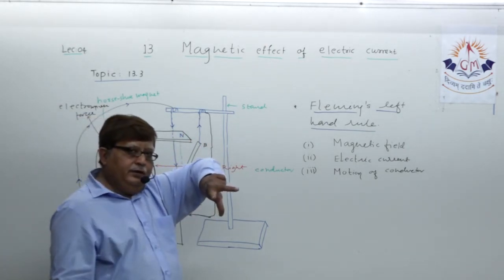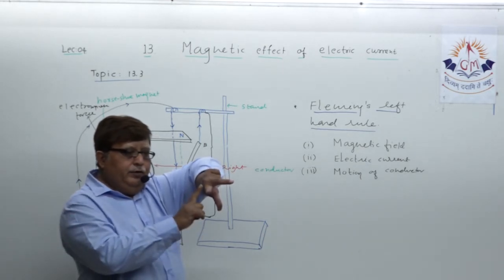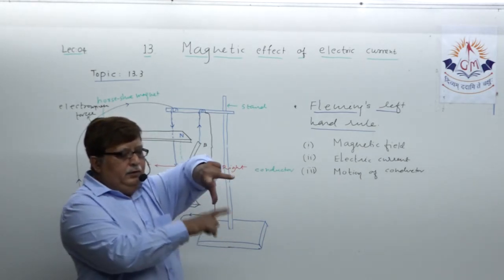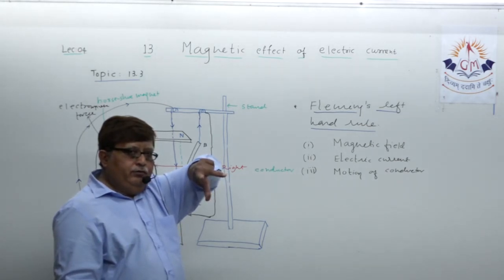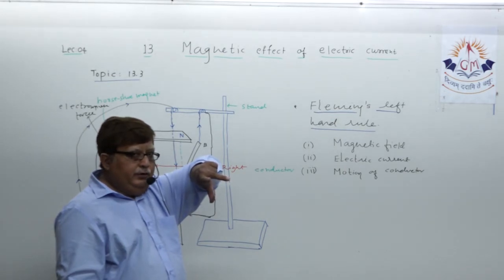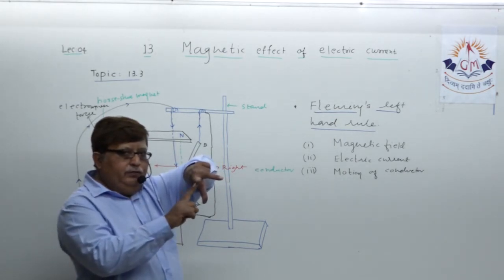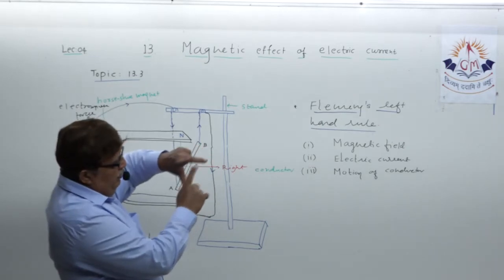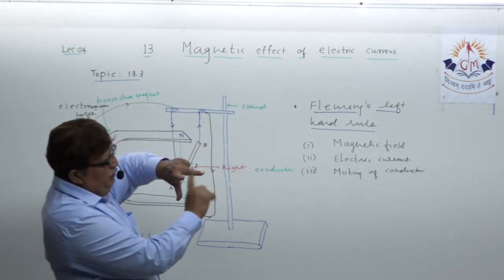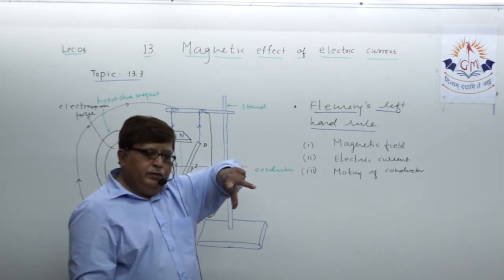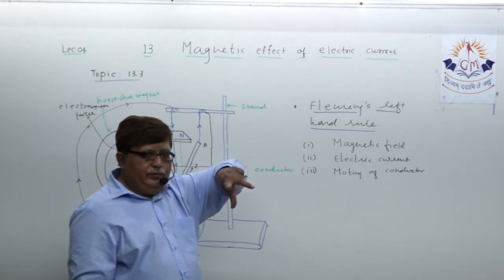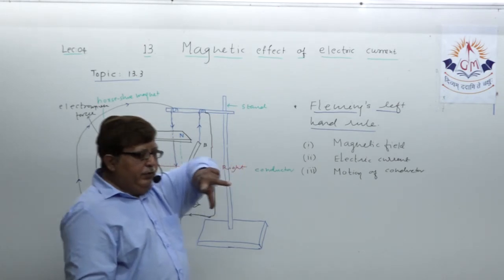Take your left hand, keep your forefinger, middle finger, and thumb mutually perpendicular to each other. If both are perpendicular, three dimensional, the middle finger, forefinger, and thumb are mutually perpendicular.